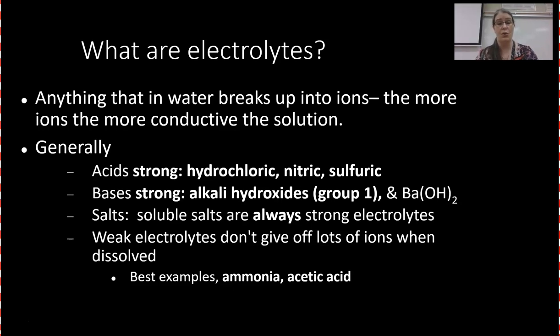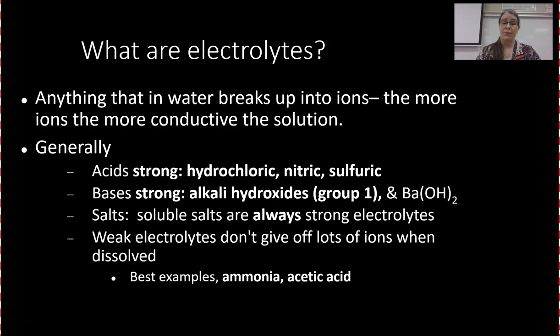Those are all strong acids. And there are some strong bases to recognize, things like the group 1 hydroxides, sodium hydroxide, potassium hydroxide, and barium hydroxide is also a strong base. Any soluble ionic compound is a strong electrolyte because it dissociates into its separate ions.